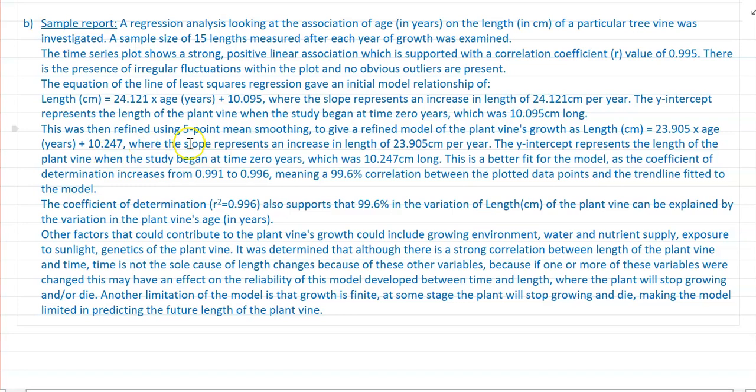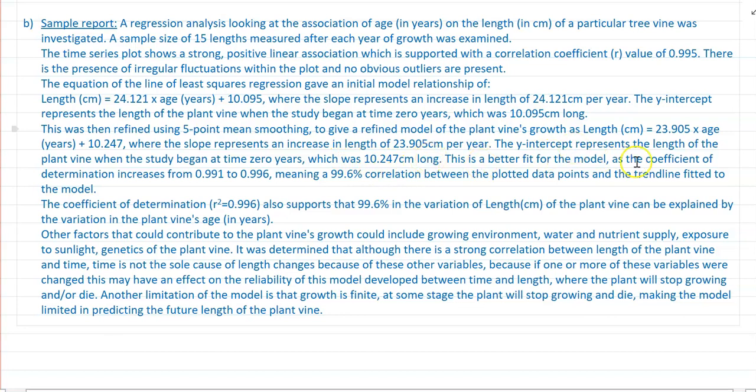So that means your slope value represents an increase in length of 23.905 centimeters per year, and your y-intercept then changes, not by much, to predict the length of the plant being 10.247 centimeters long when the study began.